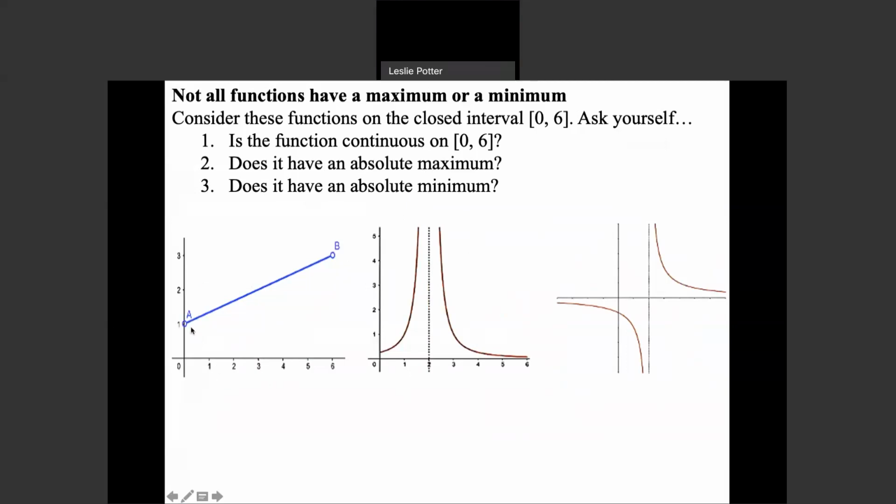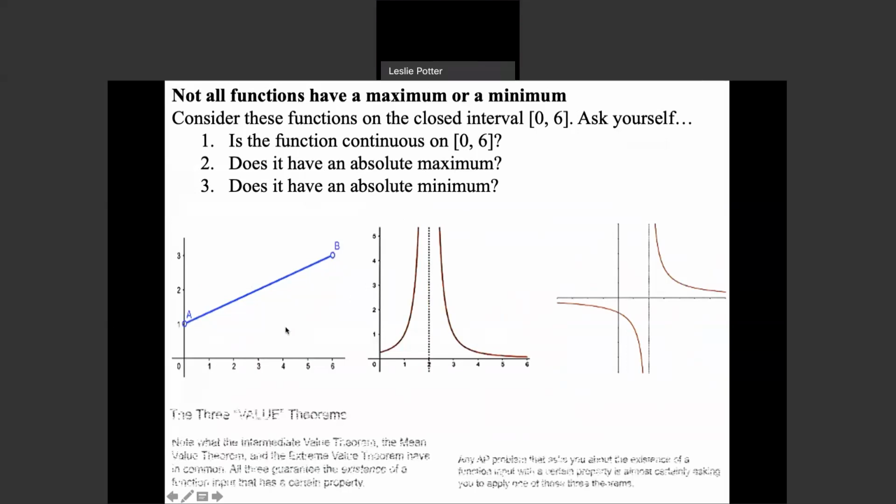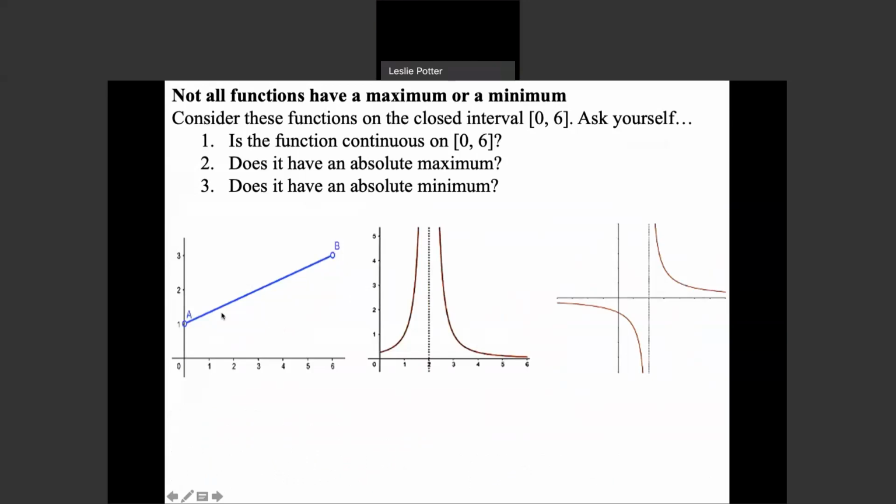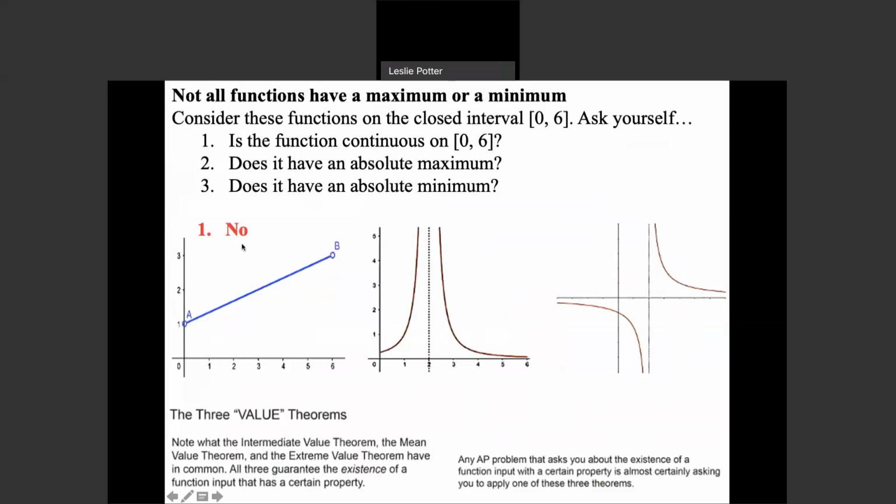This is a linear function, but it has an open endpoint on the left and an open endpoint on the right. So is the function continuous on the closed interval from 0 to 6? That answer is no. Does it have an absolute maximum?